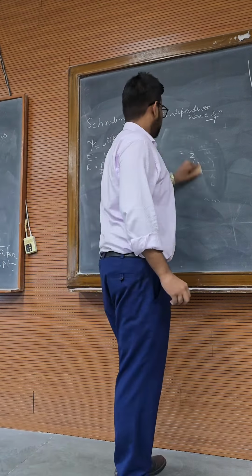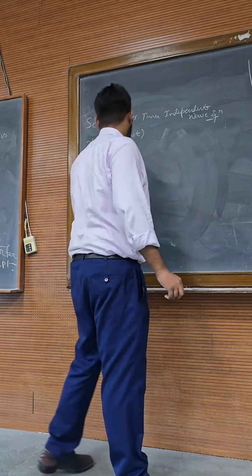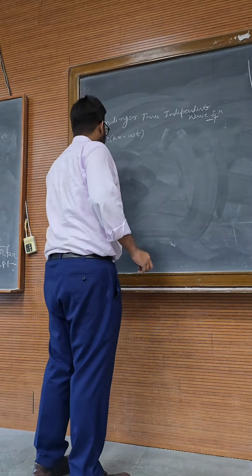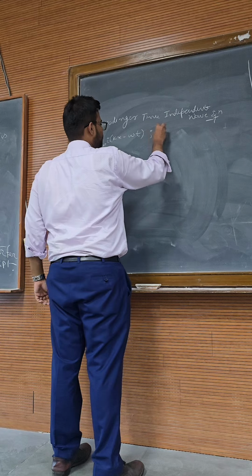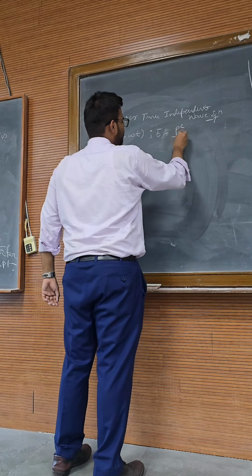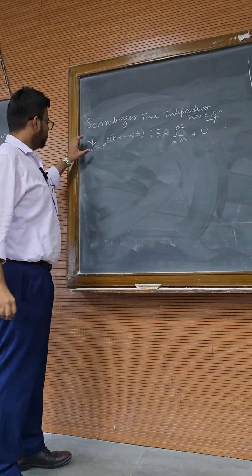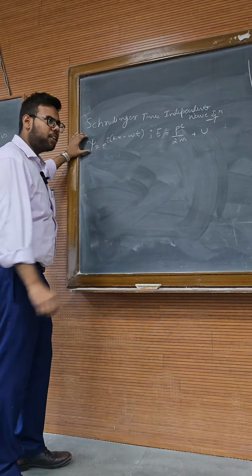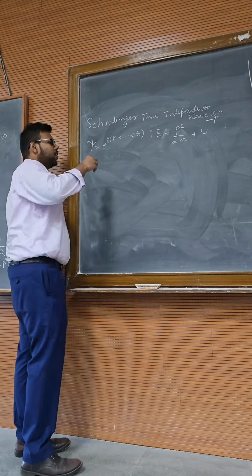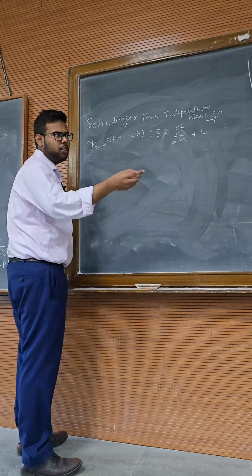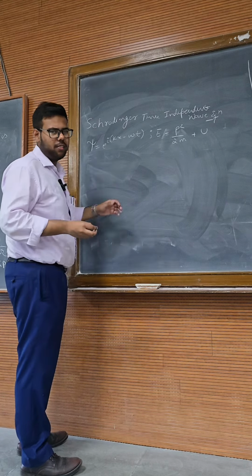So note this for some time. Basically you got this equation: E is equal to p square by 2m plus U. Now see the wave function. Let's differentiate it with respect to space, or one dimension, so I will say with respect to x.